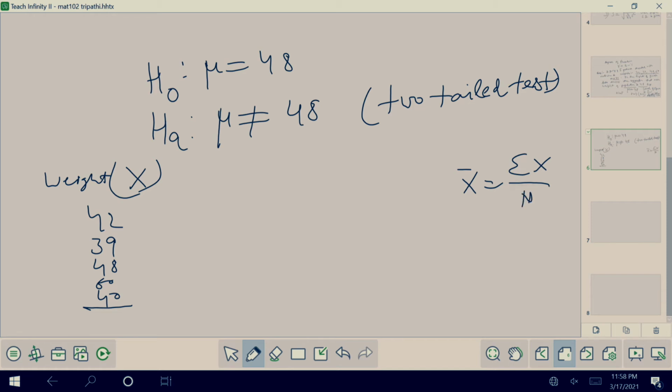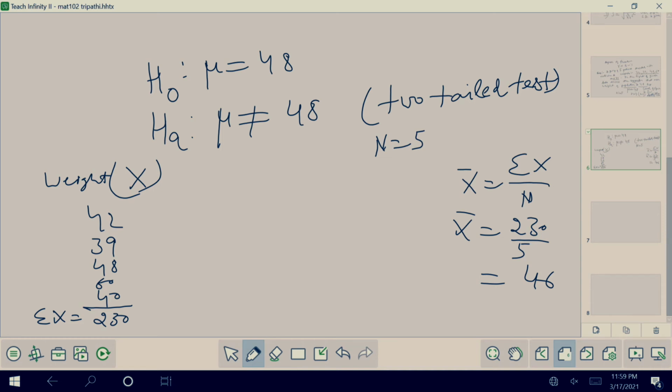So, what is sigma x? We have to sum up all these 5 items, and the total is 230, and this is our sigma x. So, what is the value of x bar? 230 divided by n, and you know n is 5. Okay. So, the value of x bar is 46, and now we need s.